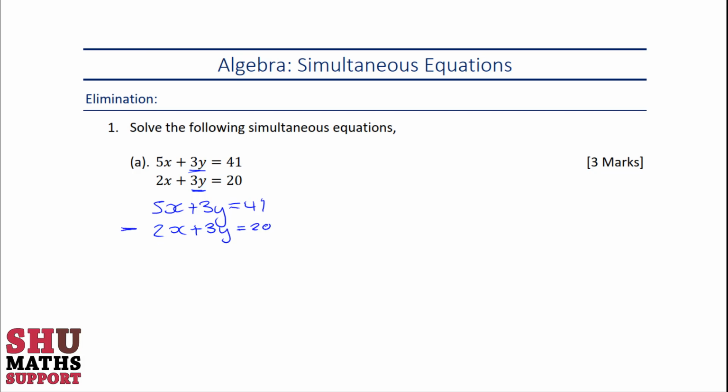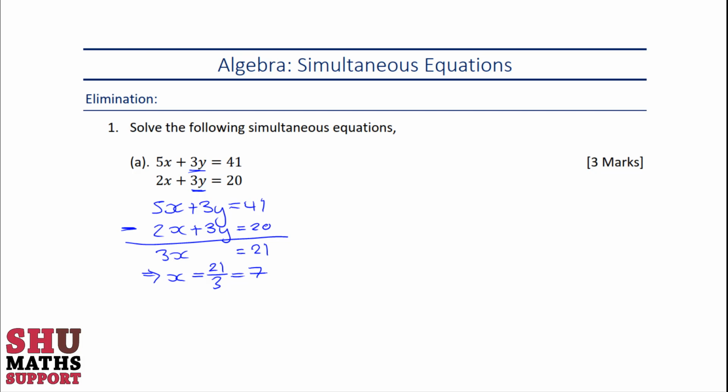We can subtract the second equation from the first one, so that we have 5x minus 2x, which is 3x, 3y minus 3y, which is 0, and 41 minus 20, which is 21. So this means that x is equal to 21 over 3, which is equal to 7, which means we already have our solution for x.